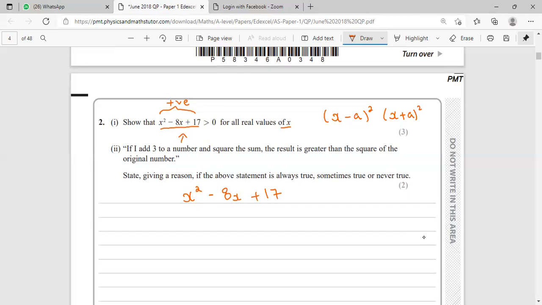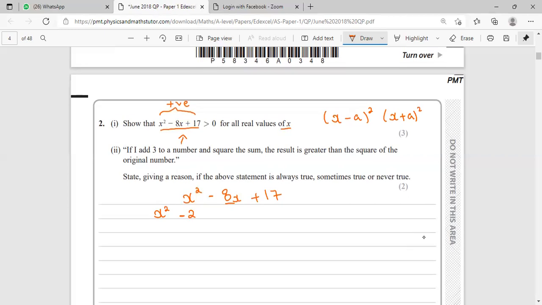So do you guys know how to apply completing square? Yes. Okay, so we have x square, then I can write this as 2 into x into 4. Just so I know this number, I'll add the square and subtract the square so it is mathematically correct, and then we had 17.